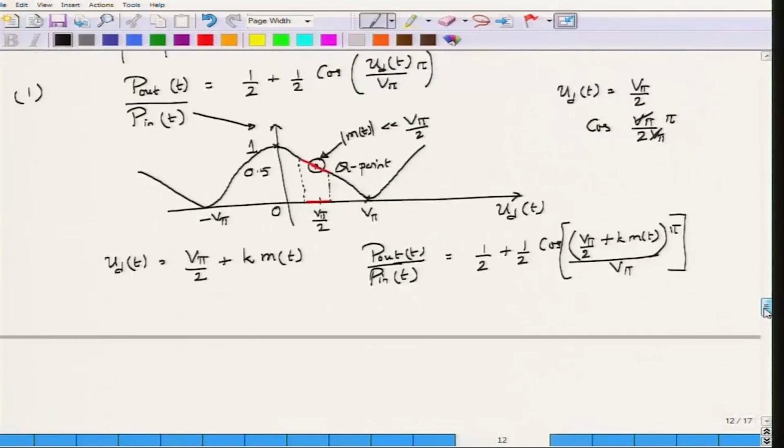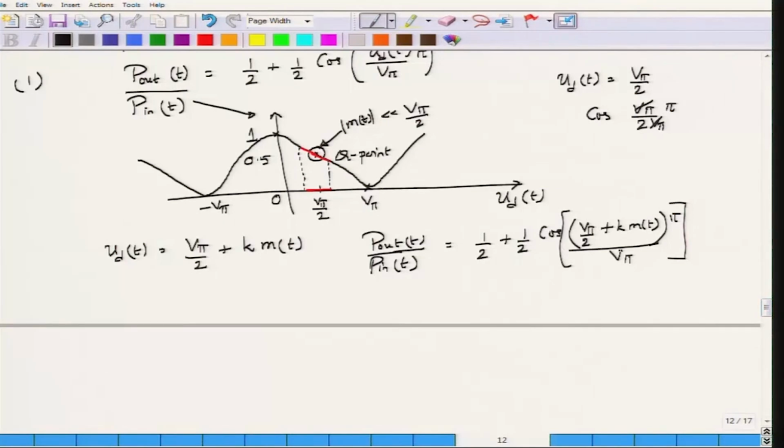I can expand the argument in the cosine. Let me just take that part here and say cos of V pi by 2 times pi by V pi, plus there is a pi k by V pi m of t. Again, this k being a small number, this pi k by V pi itself is very small compared to pi by 2.